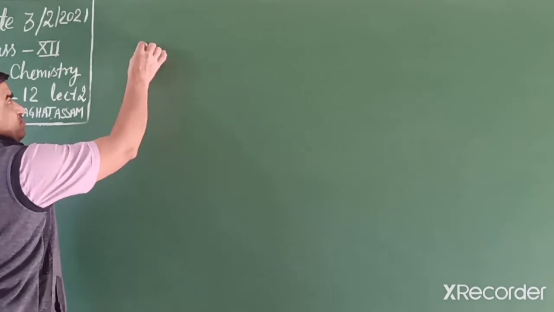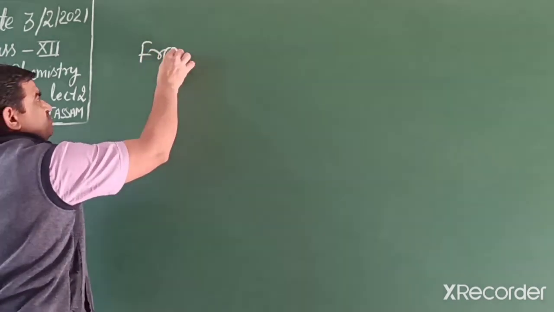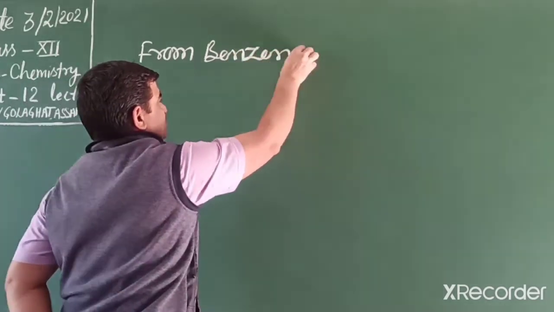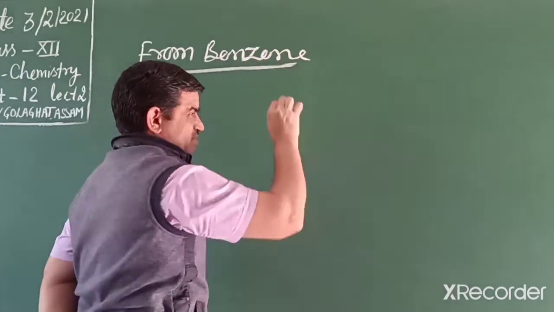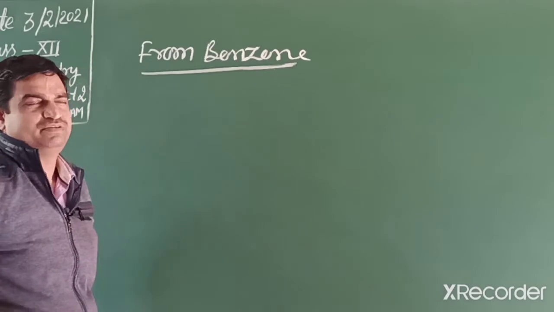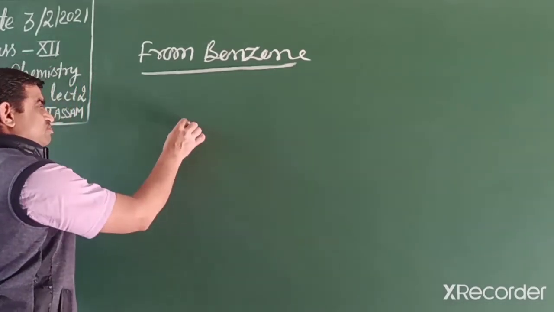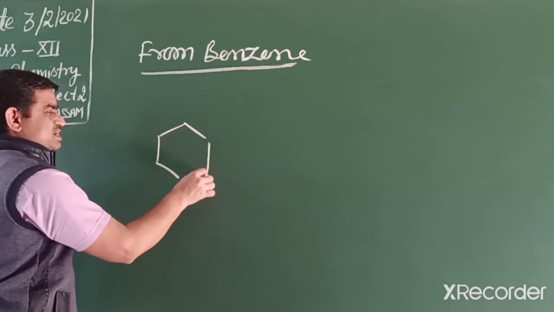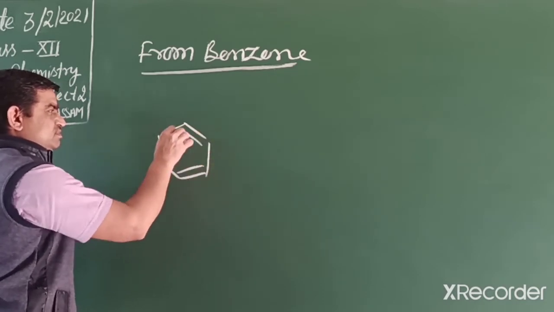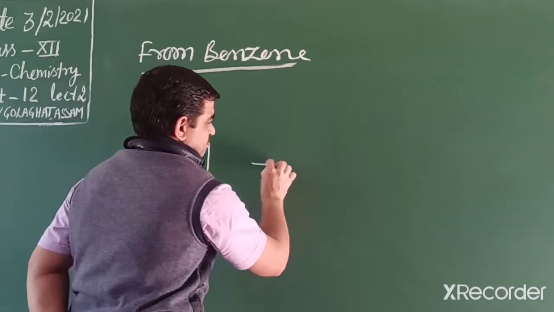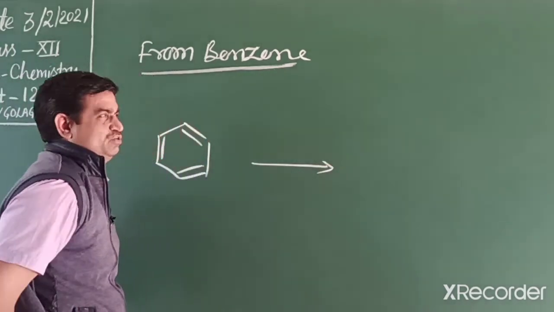From benzene, or substituted benzene, how can we convert into ketones? If we write here, that is a normal benzene, and we want to convert into ketones.